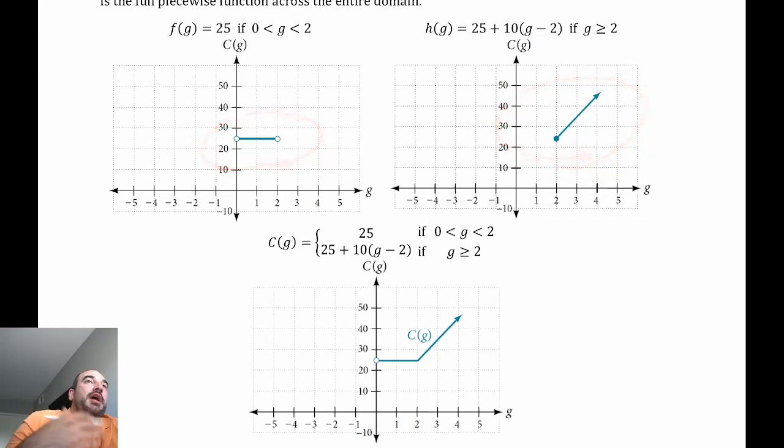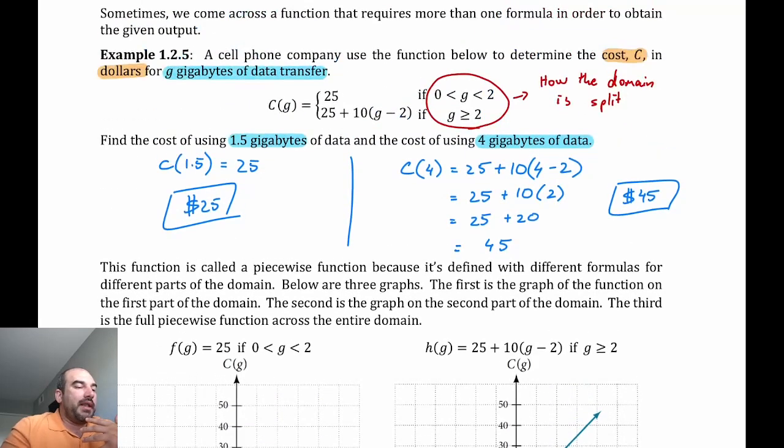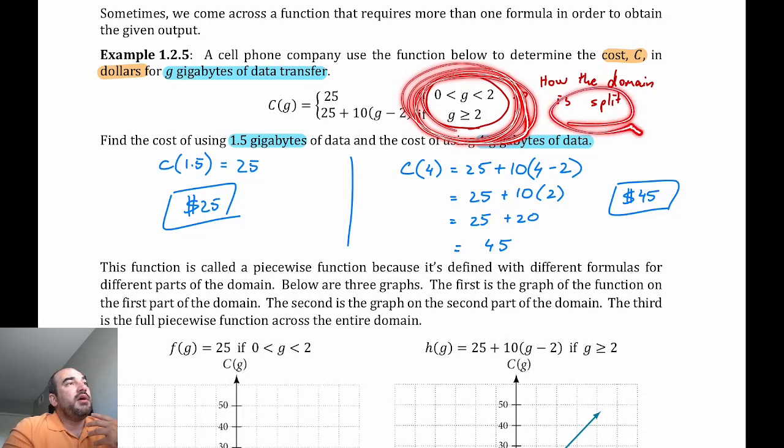In general, you don't really need to do it on separate graphs, because of the way piecewise functions are written, this should be a splitting of the domain.